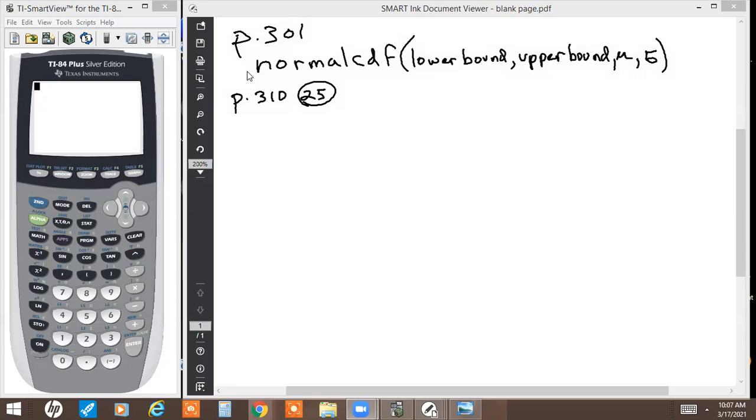So for this set of problems, the mean is 85. The standard deviation is 25. And then I'm going to do 2 of these. Here's part A.